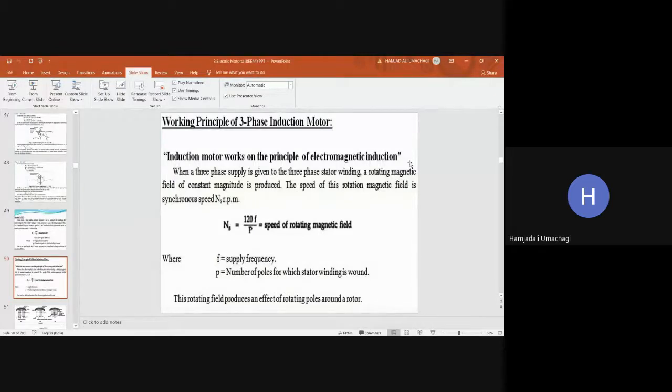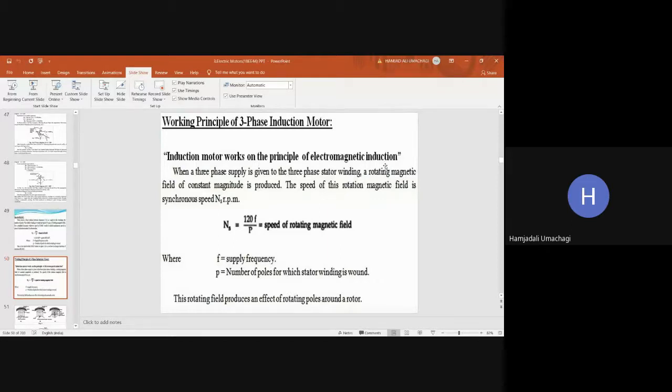But in the case of the three-phase induction motor, I may compare the primary winding to the stator of the induction motor, and the secondary winding of the transformer to the rotor of the induction motor. In the induction motor there are rotating parts, whereas in the transformer there are no rotating parts, but both machines work on the same electromagnetic induction principle.